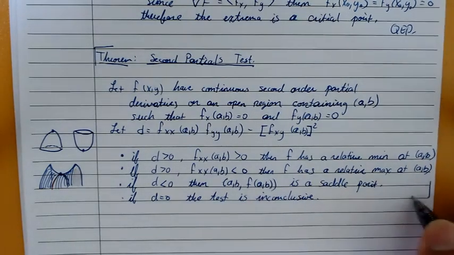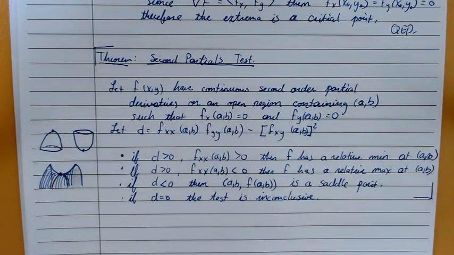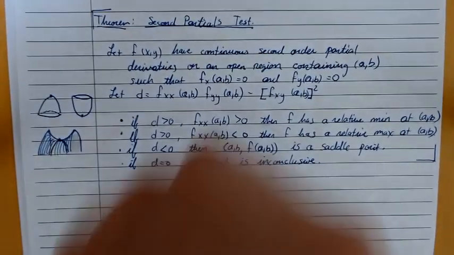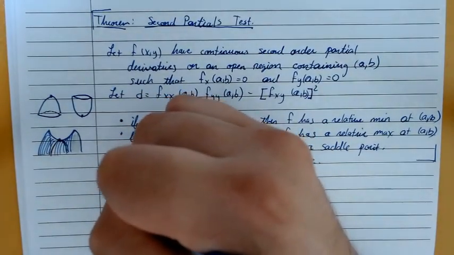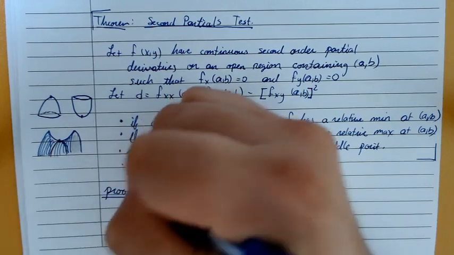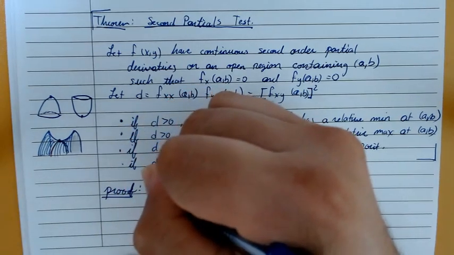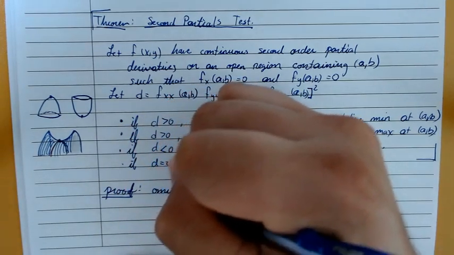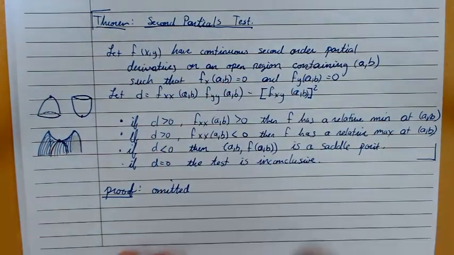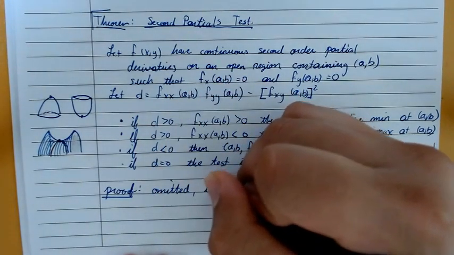Just like our first theorem, the proof of this one is omitted due to being a little more advanced than what we're prepared to do. So proof is omitted due to being very, very scary. But that doesn't sound formal enough.